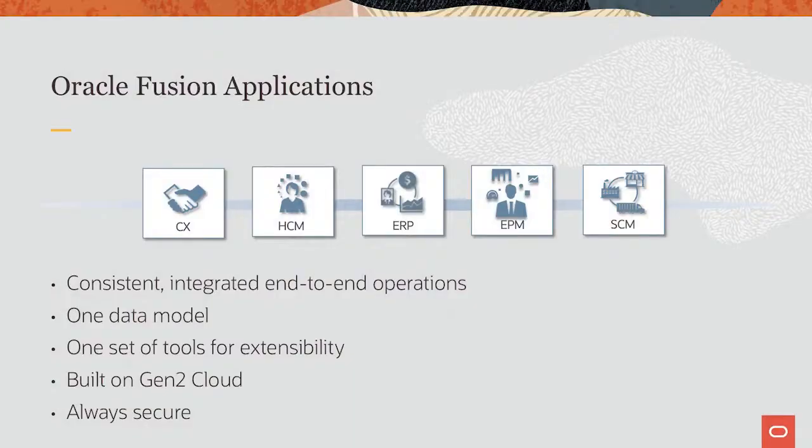So to set the stage for this, we have to start with Fusion applications. When we started out building Fusion applications many years ago, we made a very conscious decision to build Fusion apps on all Oracle technology that we knew we would also make available to customers. So there are no pieces of technology underlying Fusion applications that we don't also make available to the customer.